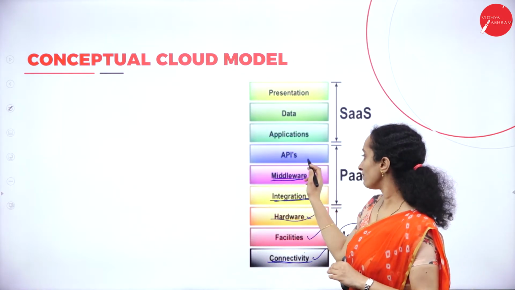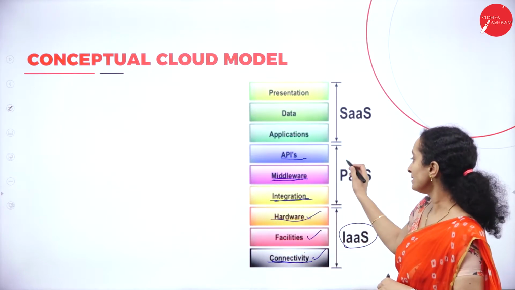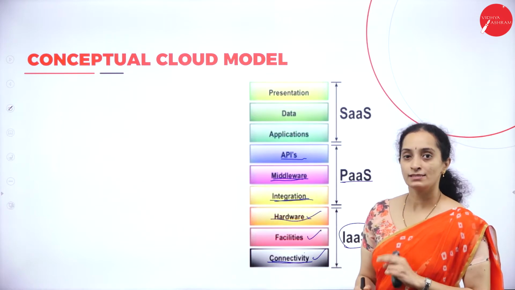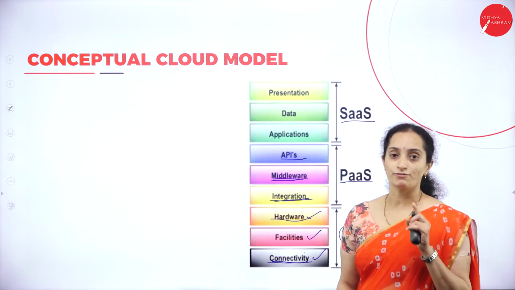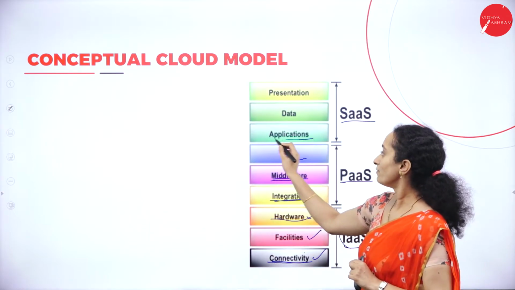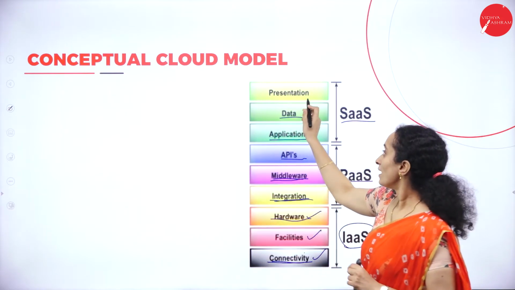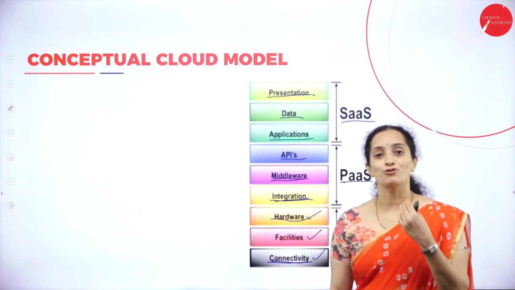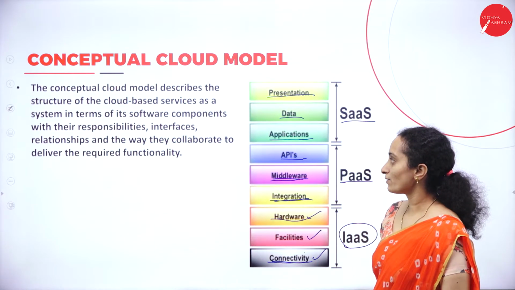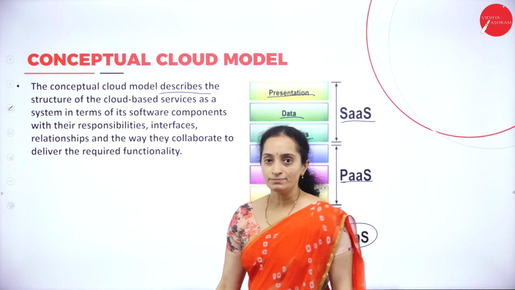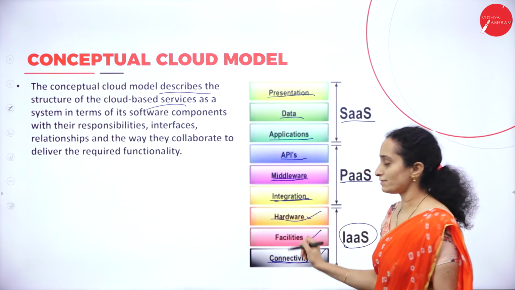So that is middleware and APIs, which come under platform as a service. The last layer is software as a service. In this, we have different application softwares, data, as well as presentation of those services and data to the client.